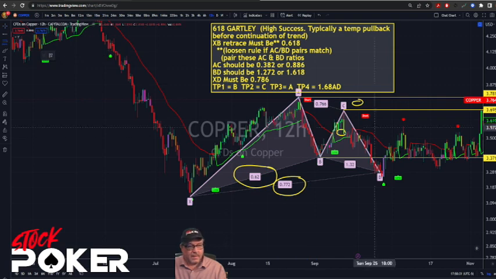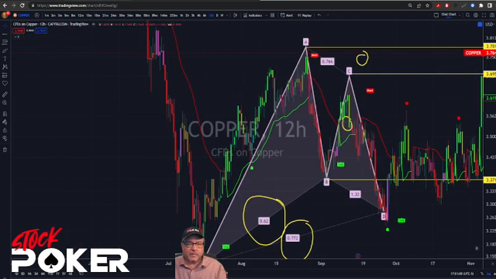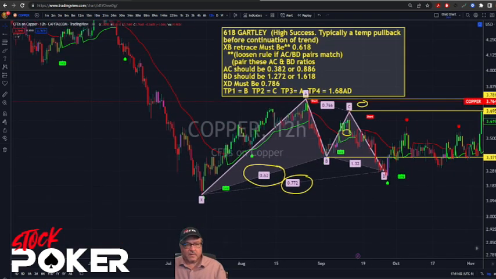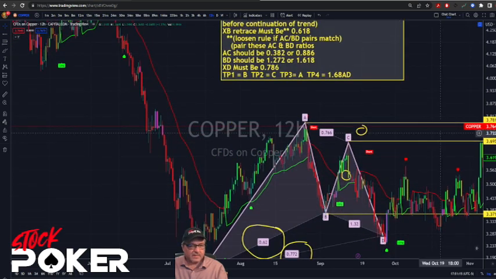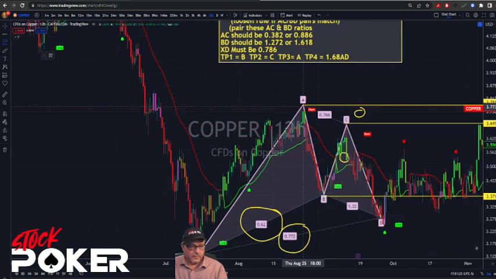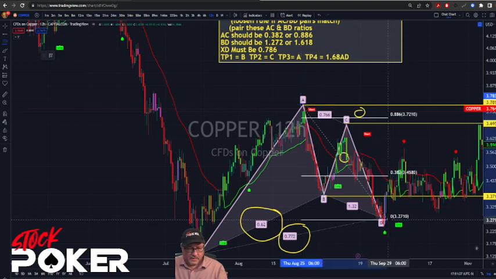Very important. When you have the Gartley, the deep target is the 1.618 of the AD. And you might see this different in textbooks or different places online, it's basically the 1.618 if we drew the fib retracement of the AD leg. Now, the A point is here and the D point is there.